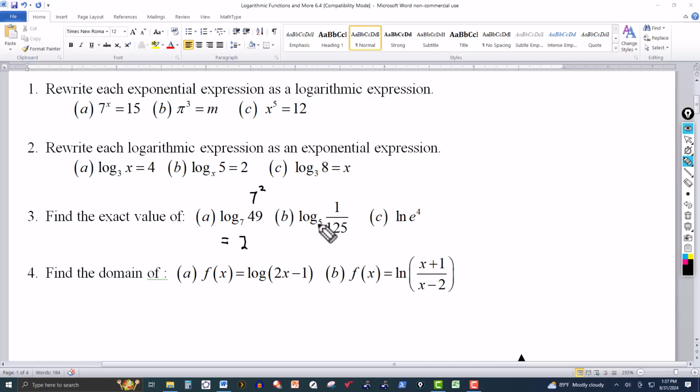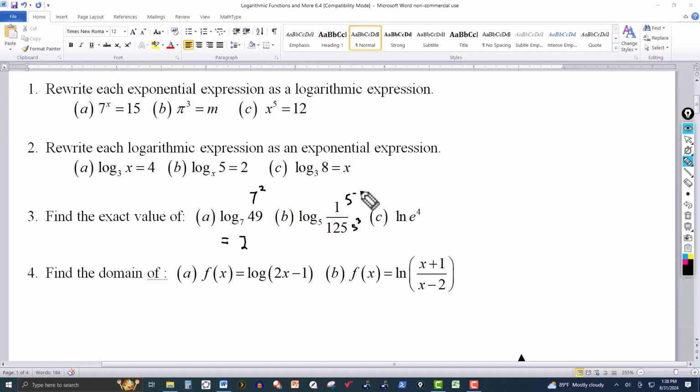Now this one, we're asking the log of 1 over 125 to base 5 equals what? So we're simply saying 5 to what power is 1 over 125? Well, we can write it this way. This is the same thing as 5 to the 3rd, and I can bring it up to the numerator.